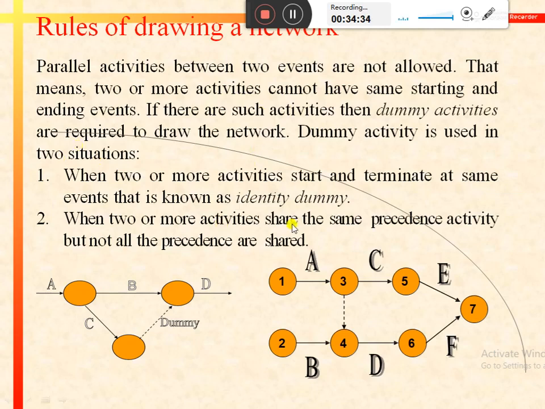The second situation in which we need to introduce the dummy activity is when two or more activities share the same predecessor activities but not all the predecessors are shared. It means that if two activities have some common predecessors, but not all of the predecessors are the same. We can understand this with the help of the second diagram.